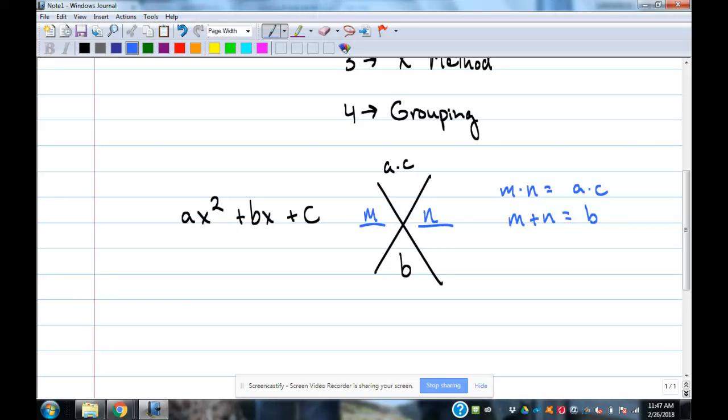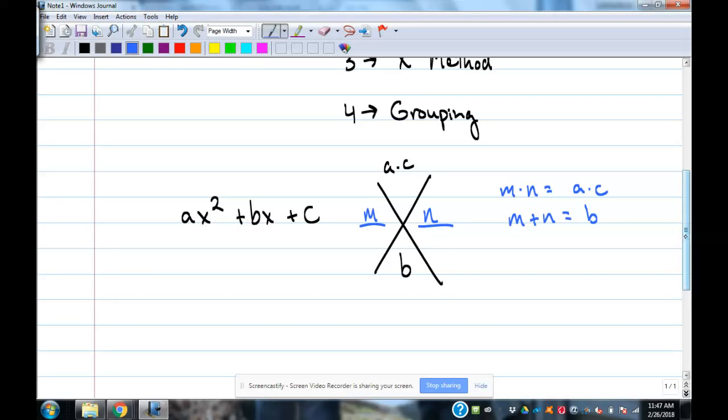So we're looking for 2 numbers, M and N, that multiply to be the top, add to be the bottom. Say one more time: multiply to be the top and add to be the bottom. Okay? That's got to be in your head the whole time you're doing this, okay?